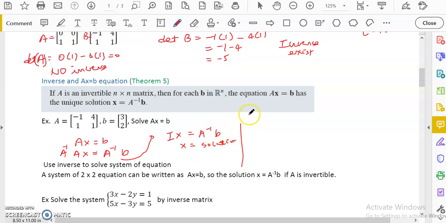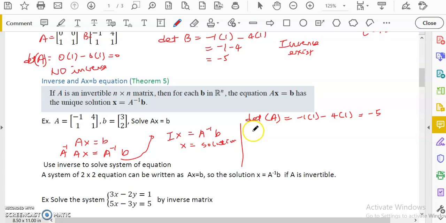So step 1, find determinant A, which is -1 times 1 minus 4 times 1. This main diagonal minus the other diagonal. So it'll be -5, right?